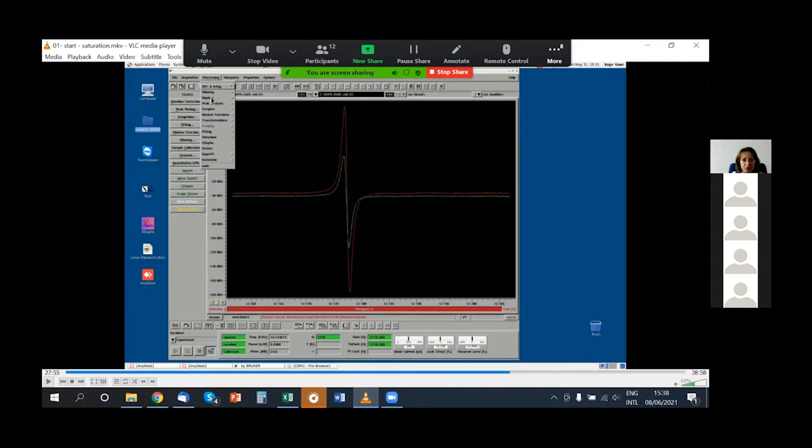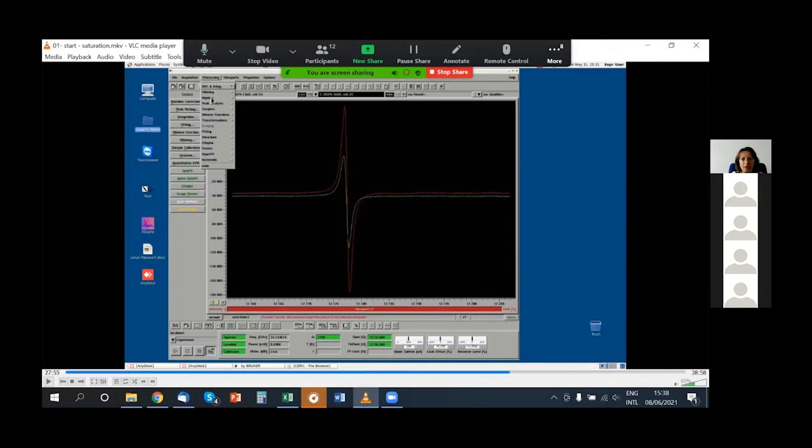This is the attenuation corresponding to different values for the microwave power. So we try to increase the microwave power, and we should see the signal amplitude increasing with the square root of the power value. And this is what we are checking here.